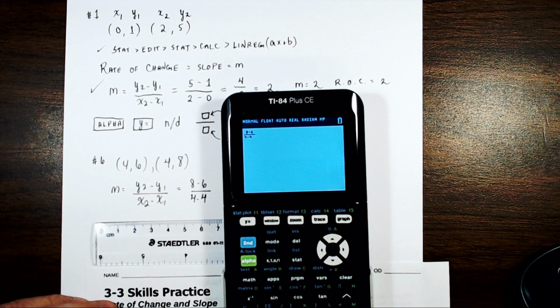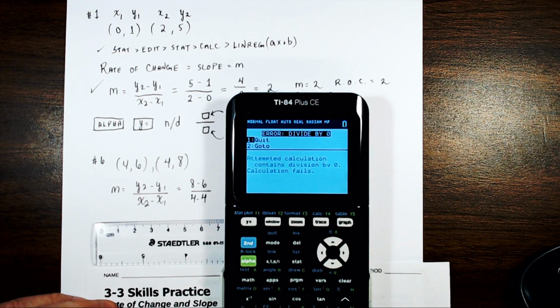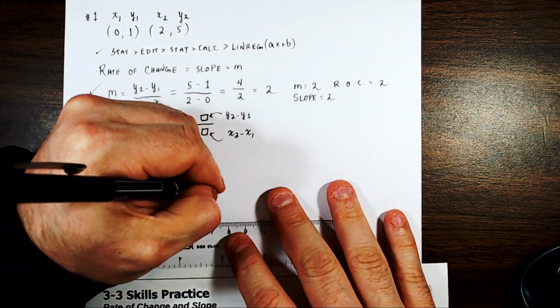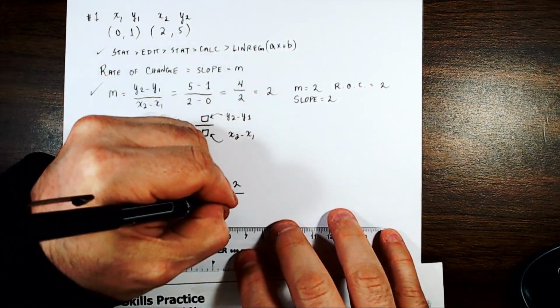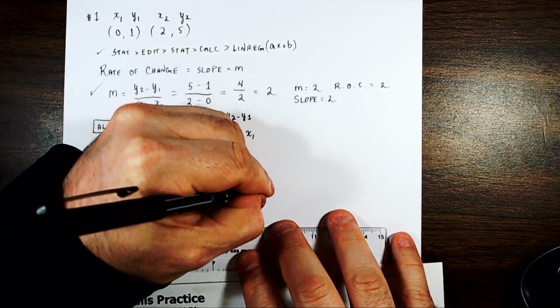Watch what happens to the calculator. It gives me an error. It's trying to divide by 0. So it doesn't work on the calculator. That's because on top you have 2, and on the bottom 4 minus 4 you have 0. So this is undefined.